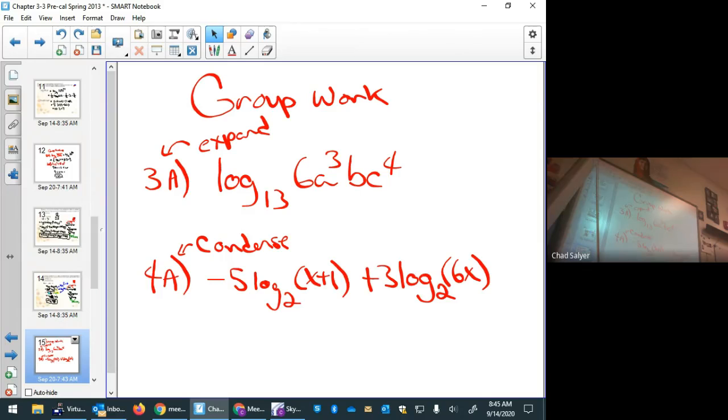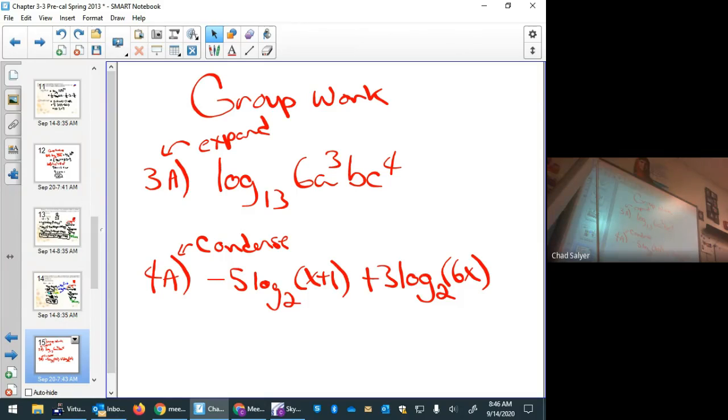Log base 2 of x plus 1 is -5. And then you could write that term as log base 2 of 1 over x plus 1 to the 5th. I see, because it's attached to that stuff. And then you do plus log base 2 of 6x cubed.